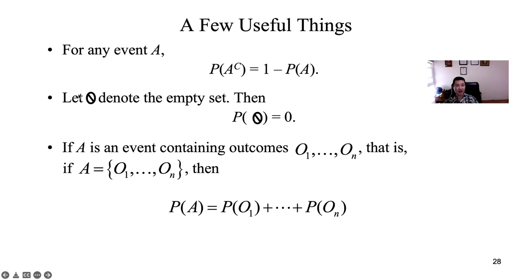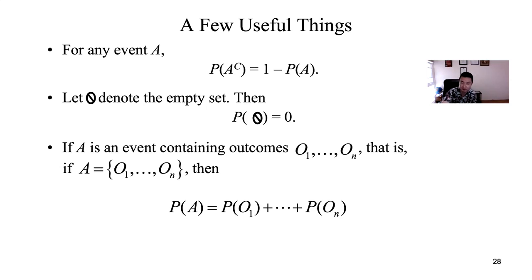This is the empty set, which means nothing, it doesn't mean 0. The probability of the empty set is equal to 0, which means the probability of nothing happening is 0. We toss the coin. Possible outcomes are head and tail.